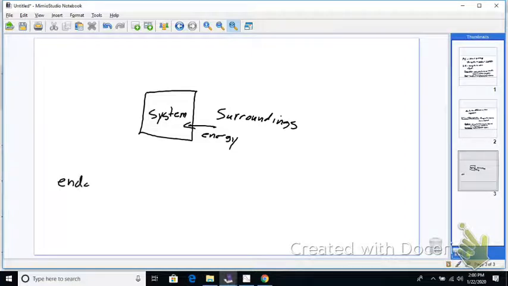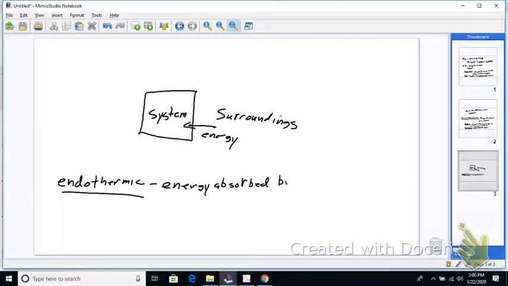So endothermic process is energy absorbed by the system. Okay? When we do exothermic, it's the opposite. It's energy released by the system.